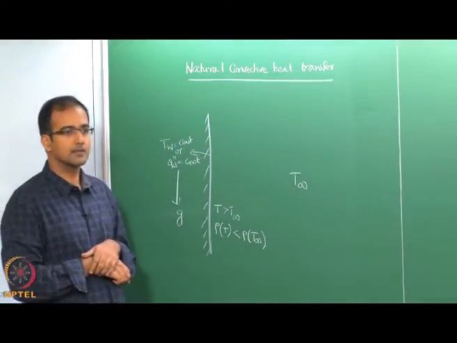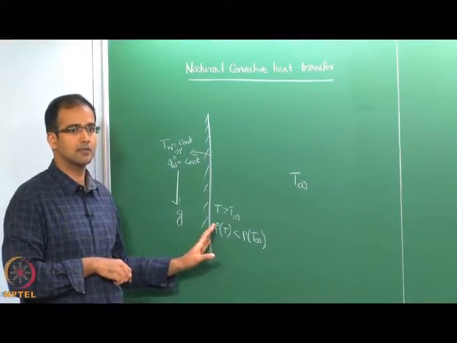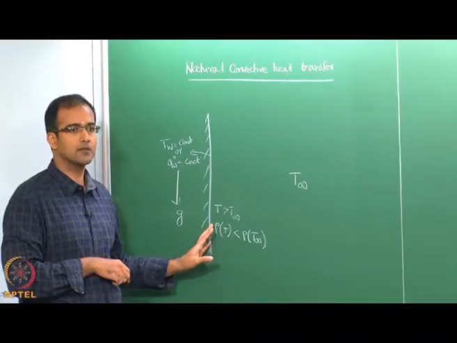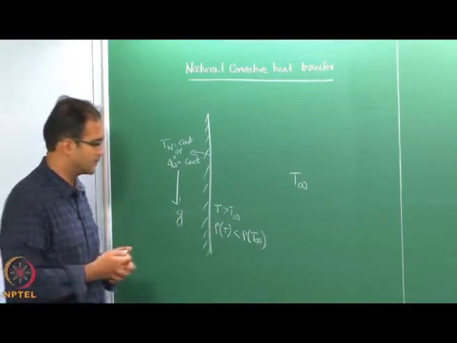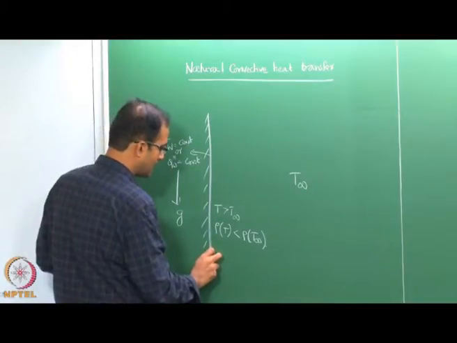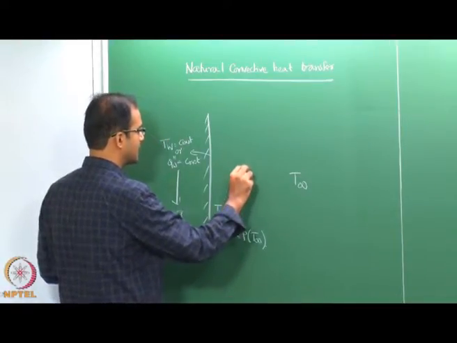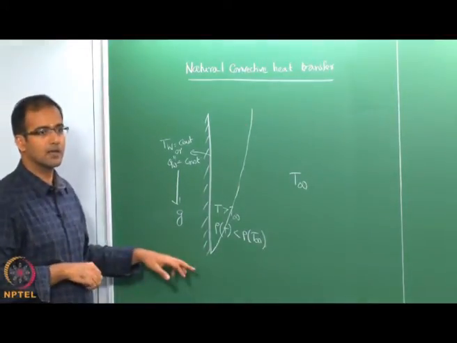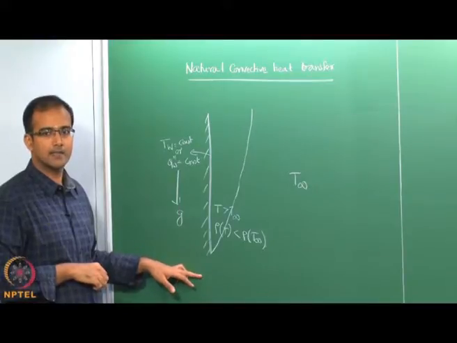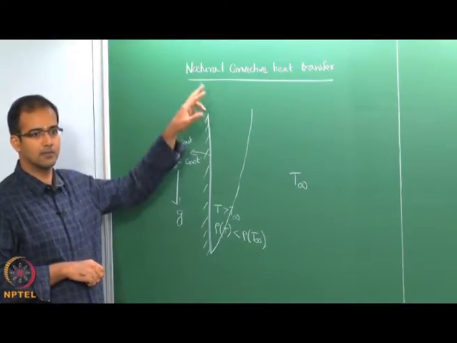That means you have a lower density air close to the hot surface. Now, the tendency of the lower density air is to naturally rise up, right. So, over a period of time you will see visually a boundary layer forming and growing from the leading edge. The leading edge here is actually the bottom of the plate.